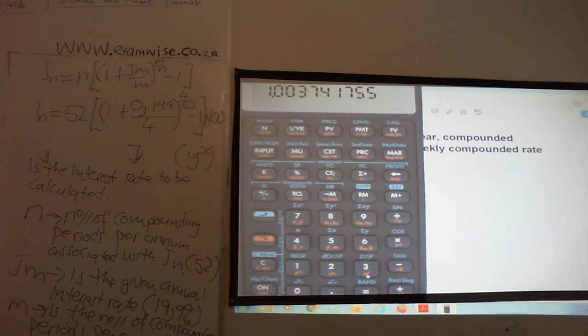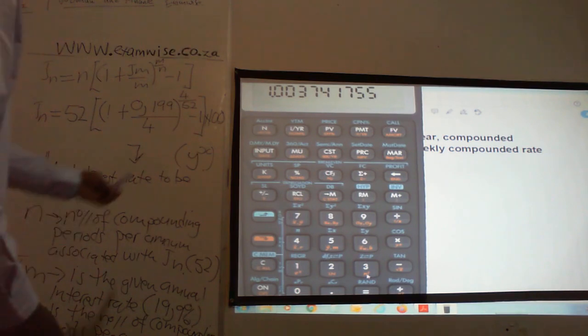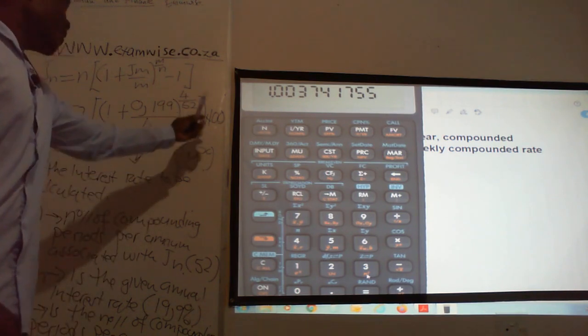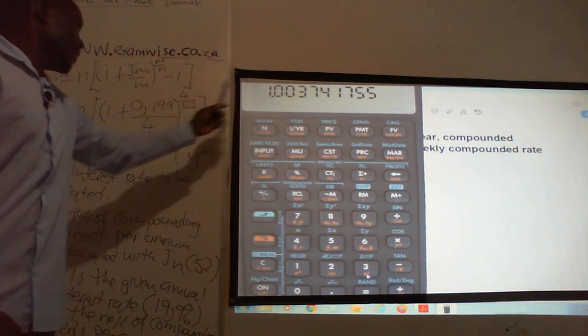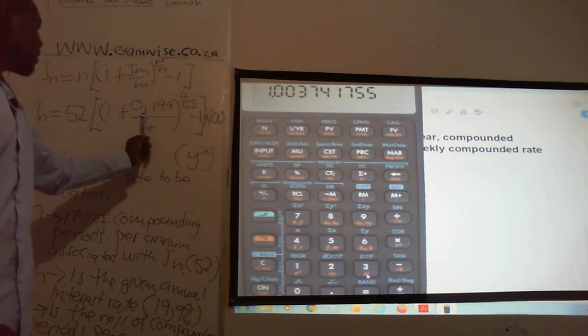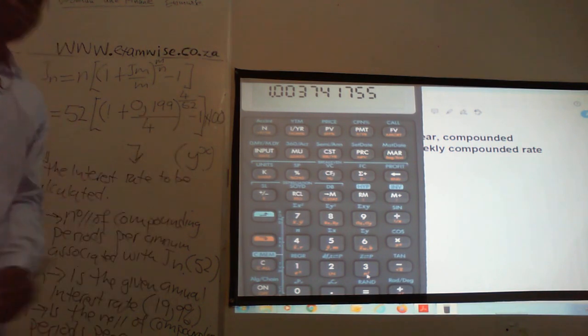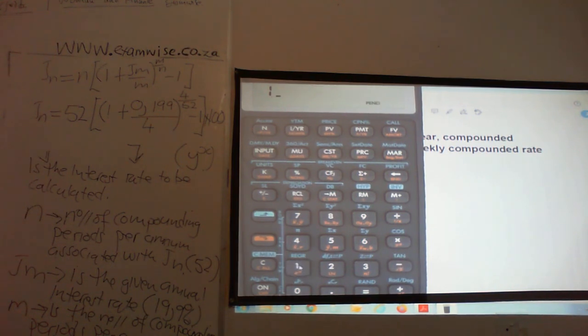And then after that we are subtracting 1. What we have on the screen is this part only. Then we are saying minus 1, and then equals to.